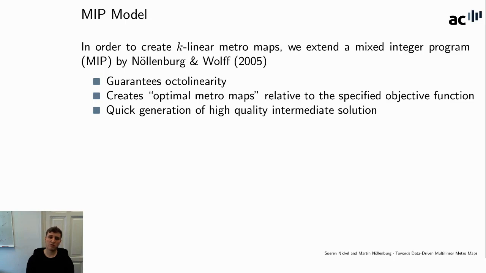The benefits of this mixed integer program solution is that octolinearity is something that we can guarantee. So we have seen that it is a requirement, and with this solution we can actually guarantee it, which is not the case for every single approach of computing metro maps. And we also can quickly generate initial solutions, which are already high quality, even though they might not be optimal.